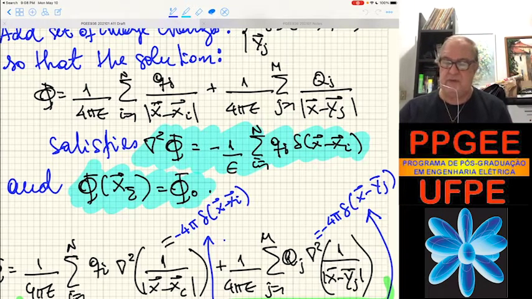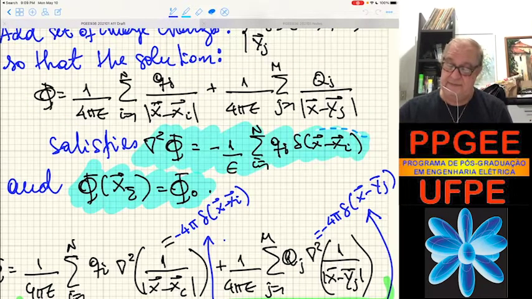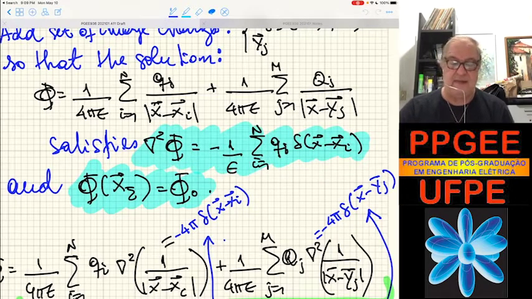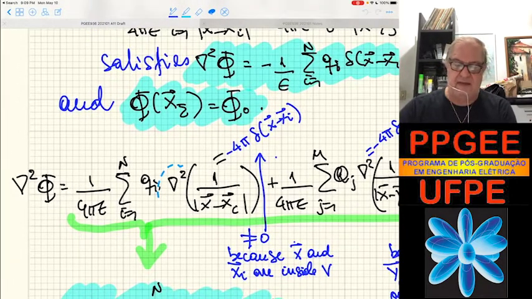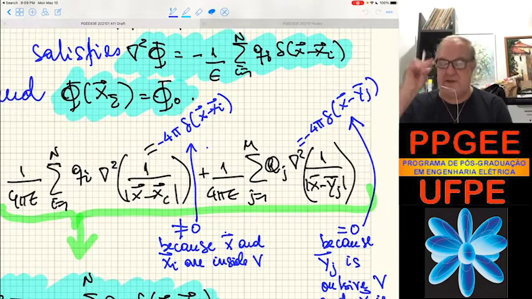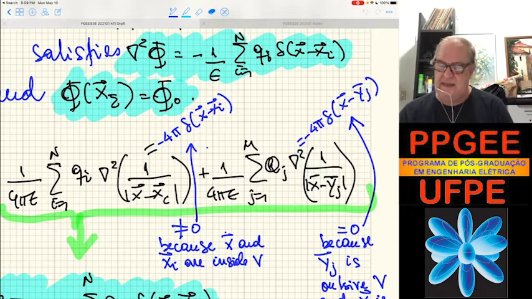We have to prove that the proposed solution also satisfies Poisson's equation in the domain. So let's calculate the Laplacian of this proposed function. If you calculate, the Laplacian goes directly inside of the sum of the real charges, and the Laplacian of the image charge is going to be the Laplacian of these inverse functions, recalling that the location of those fictitious charges, image charges, is outside of the domain.